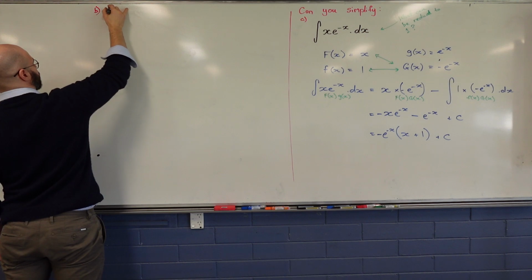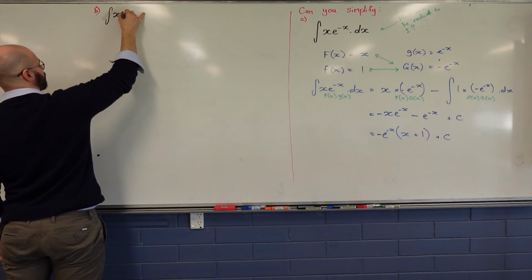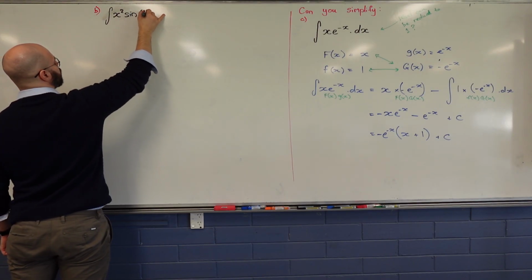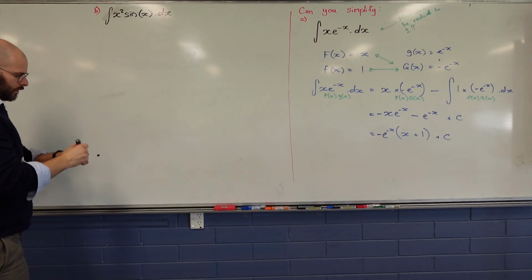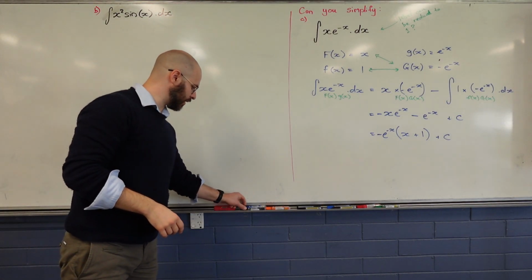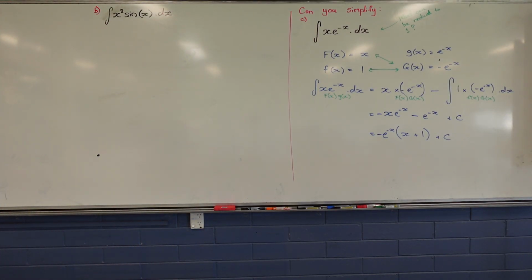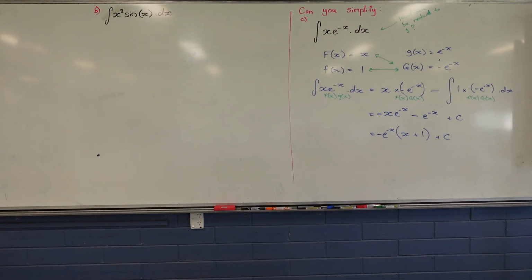I was going to get a bit fancy, but we'll do a fancy one after. Here's a bamboozler. What do we have? Two functions multiplied together. This one's it.